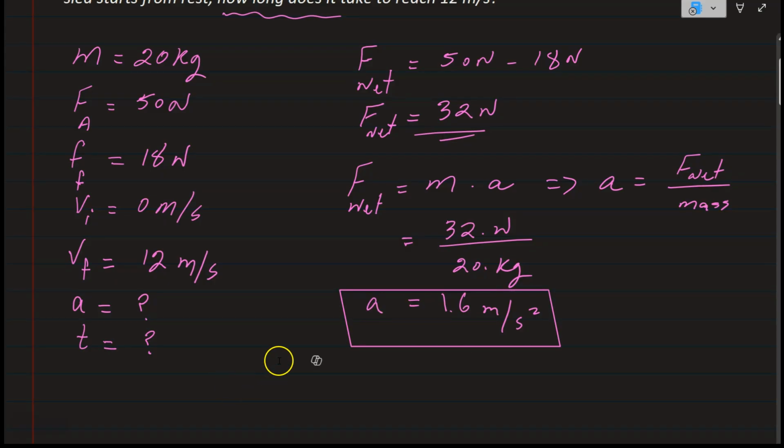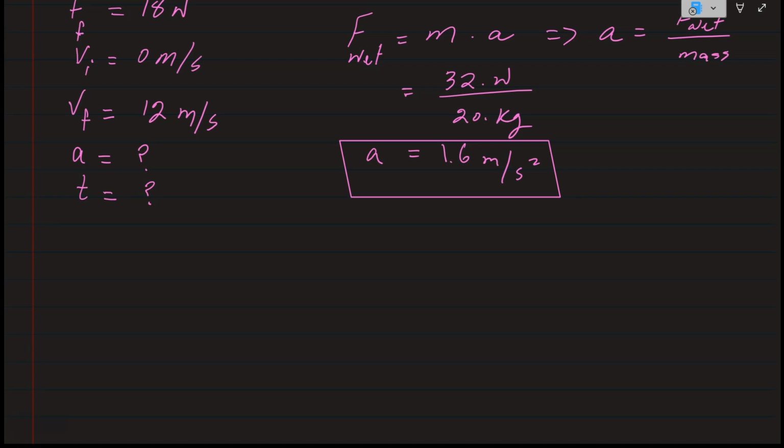Very good. Now that we have the acceleration, we can use a kinematics formula easily, the formula that uses Vi, Vf, acceleration and time. V final is equal to V initial plus at.